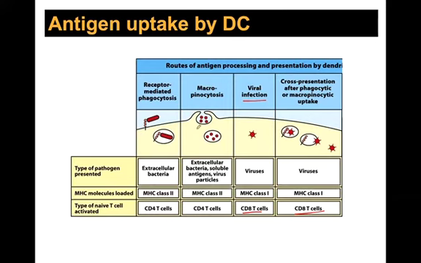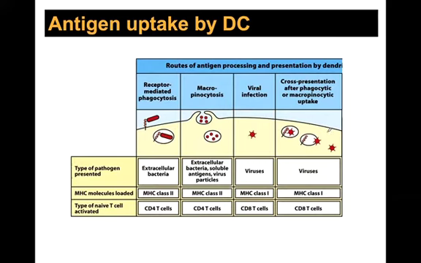And that's where these same pathways, receptor-mediated phagocytosis or macropinocytosis, are actually taking these antigens, degrading them, and then feeding the proteins into the cytoplasm, where they're then degraded by the immunoproteasome, and then eventually put back by TAP into the class 1 loading pathway.